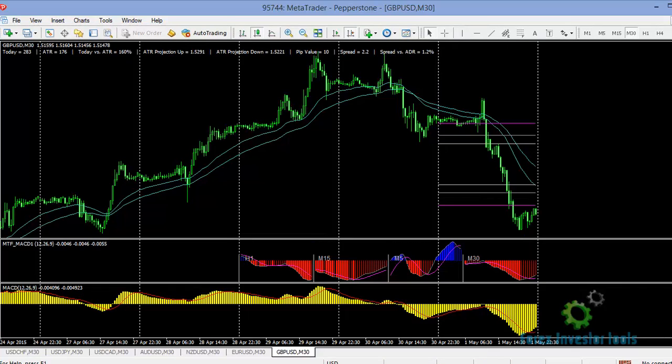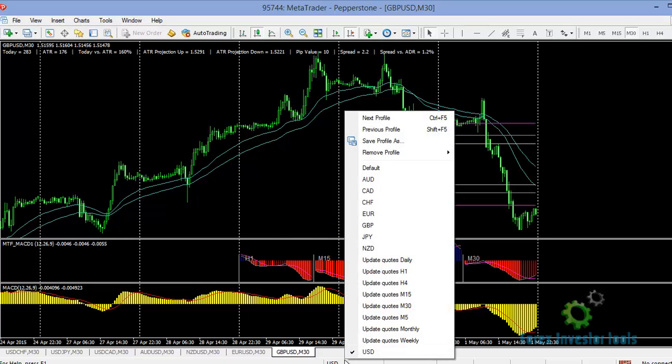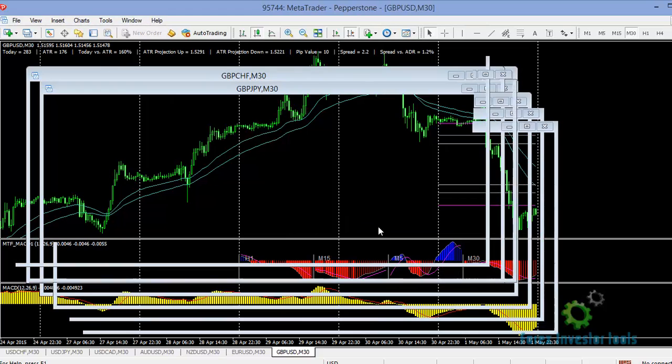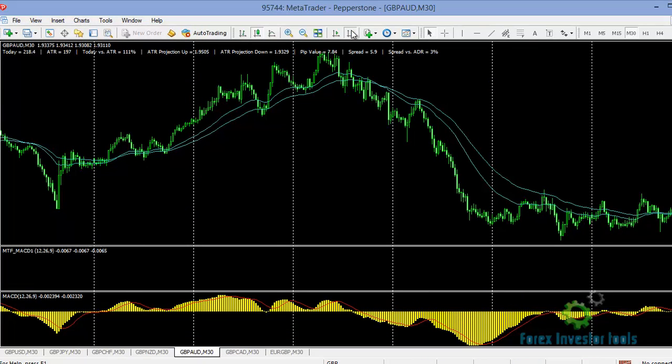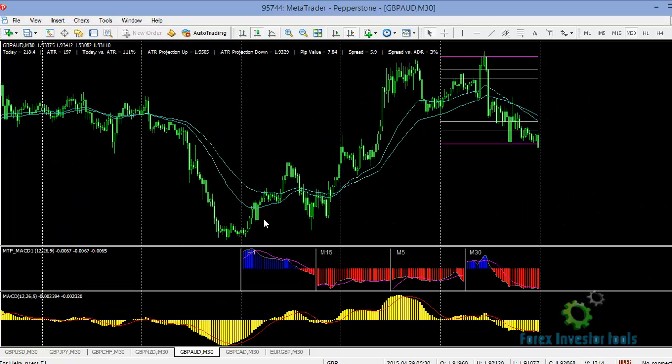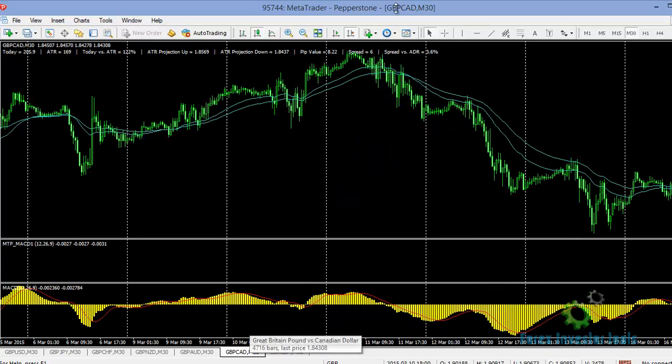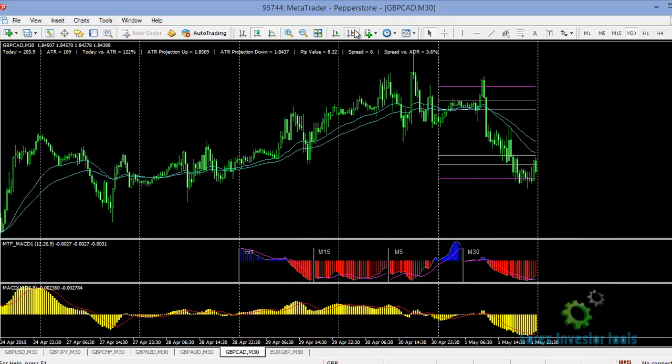I'm going to pull up the profile with all the pound pairs, and I'm only going to be looking for pullbacks on the pound pairs.